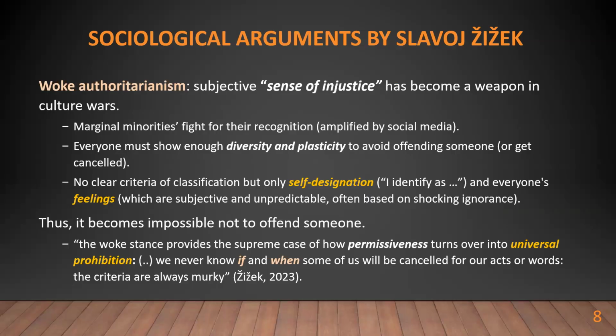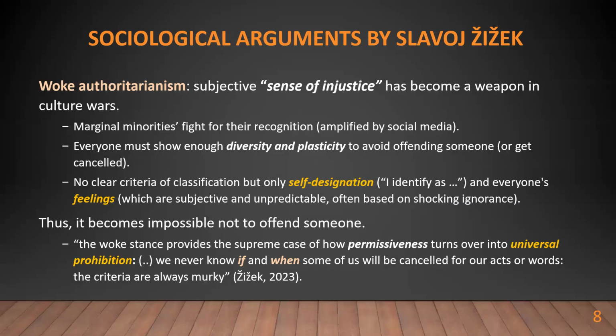And that is how marginal minorities that used to occupy a very tiny percentage of the political spectrum now get amplified by social media and seemingly take over the whole social discussion. And in their fight for recognition, there's a suspicion that they have long abandoned this idea of justice or injustice. They're just using the momentum to establish their authority.